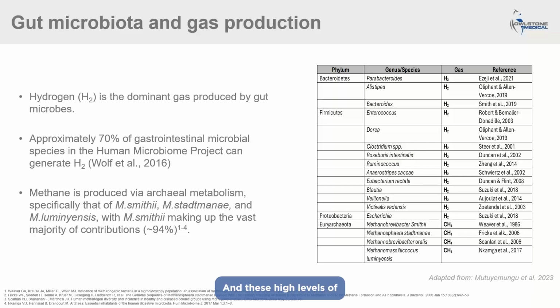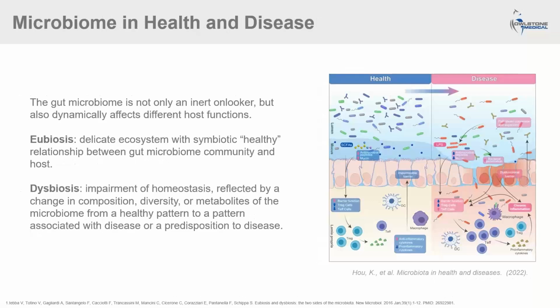These high levels of hydrogen can be further metabolized by methanogens, converting hydrogen and carbon dioxide into methane in the gut as well. And the important implication of this for the gut is that it reduces the total level of gas, going from 5 moles of hydrogen and carbon dioxide into 1 mole of methane.